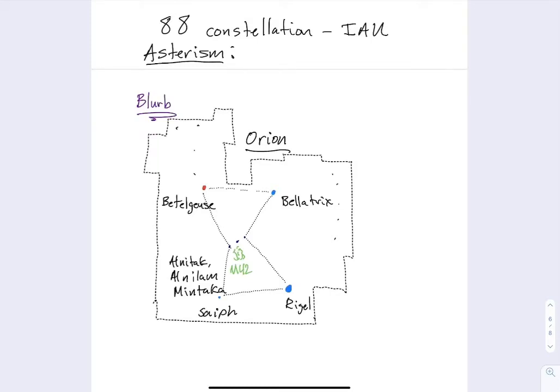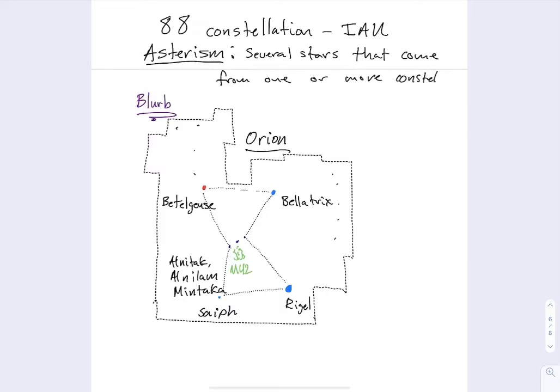So Orion's belt is an example of an asterism. The Big Dipper and the Little Dipper are examples of asterisms. So this is several stars that come from one or more constellations that create a different known pattern.